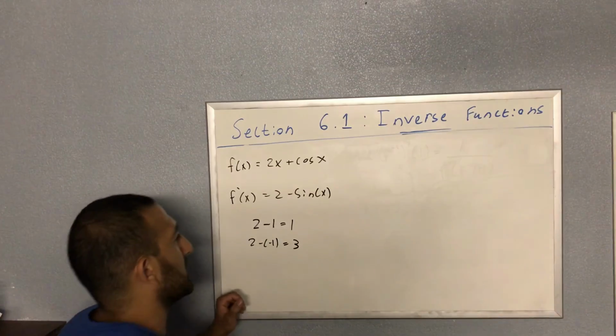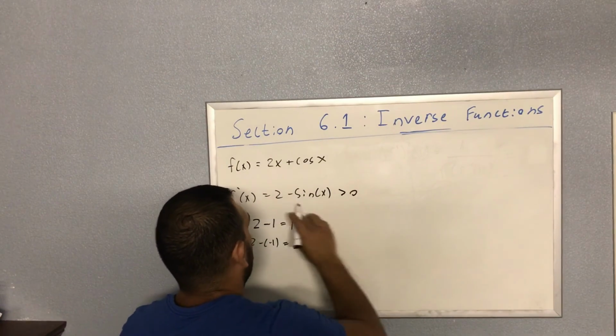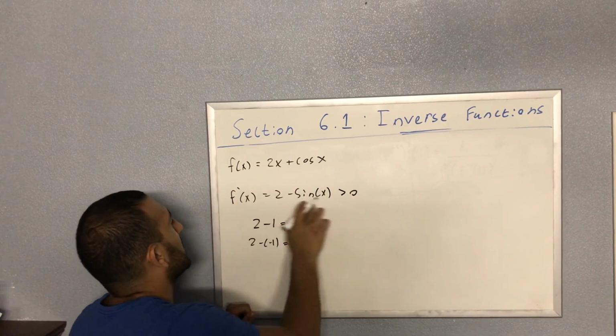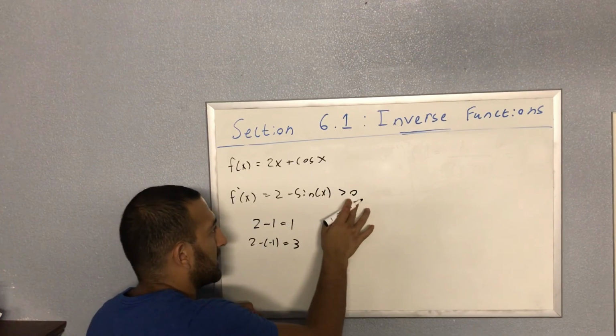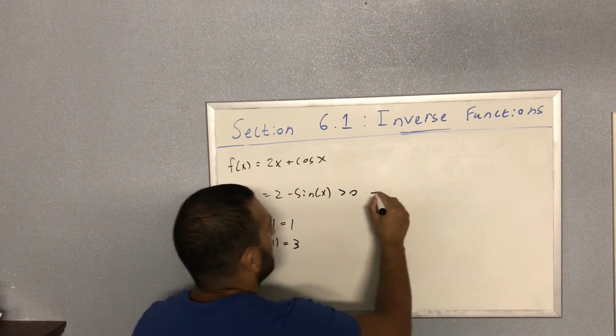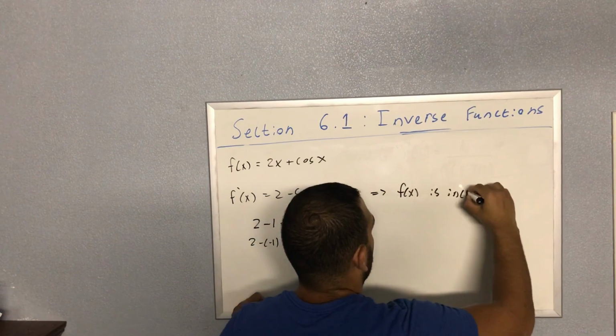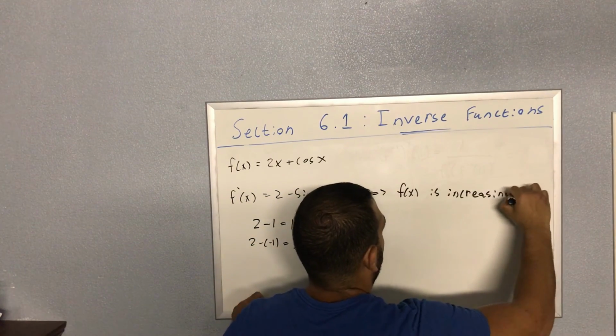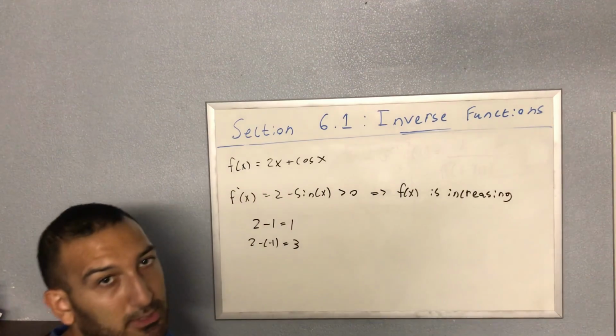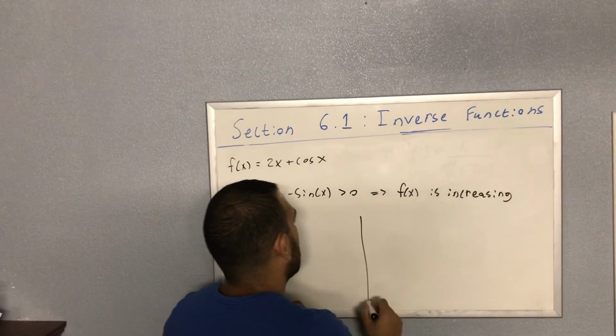But that is always positive, right? And notice we just established that the first derivative is always positive. This means that the original function is increasing. And because it's increasing, we know it's 1 to 1, right? It will easily pass the horizontal line test.